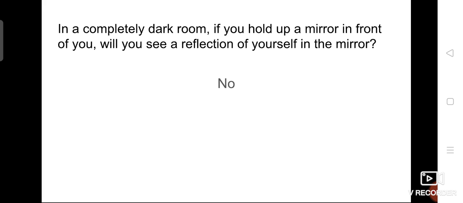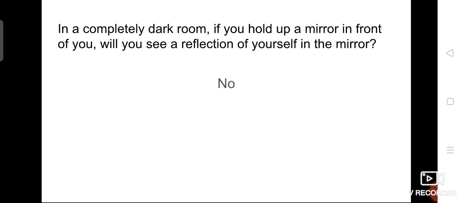So what it will do, it will show the image by means of reflection. Definitely you can see your image by means of reflection, but here it is given that it is a completely dark room, which means no light at all. When will the image be formed? Only in the presence of light.